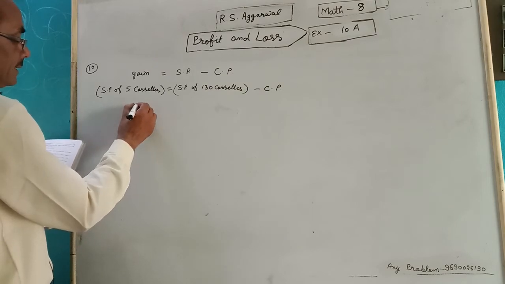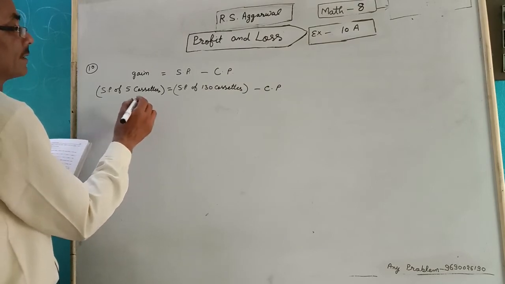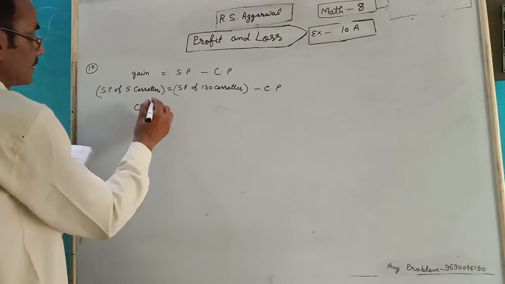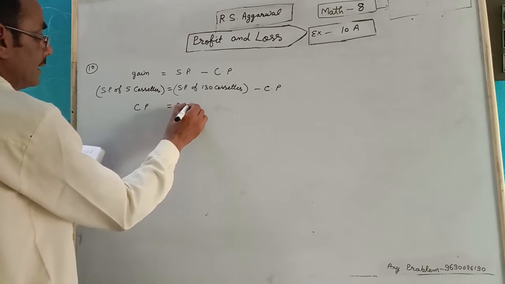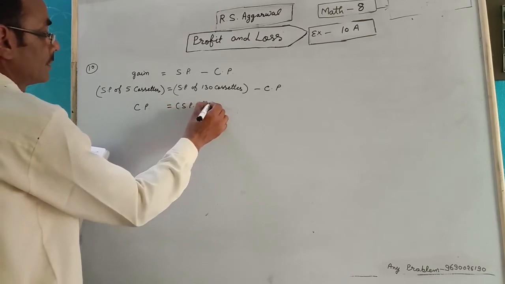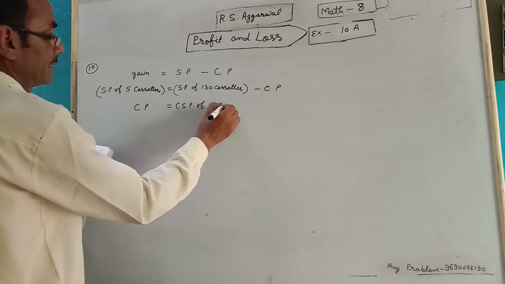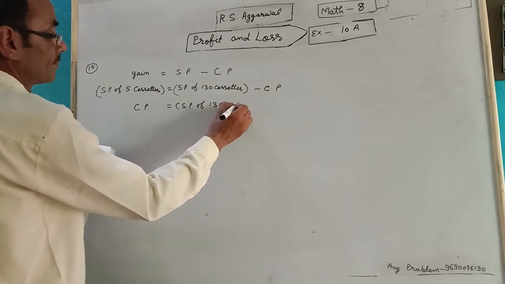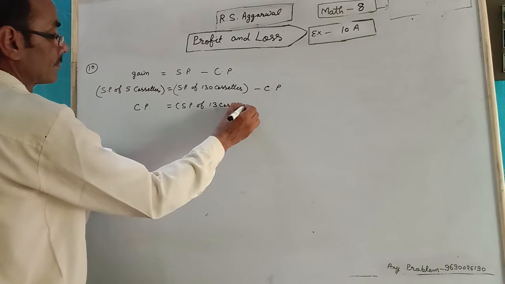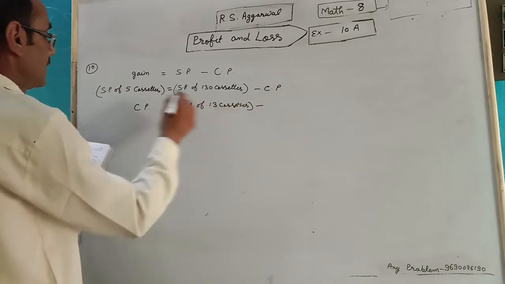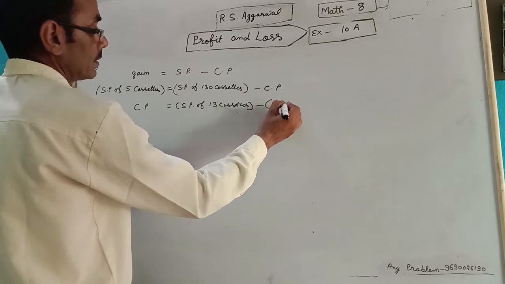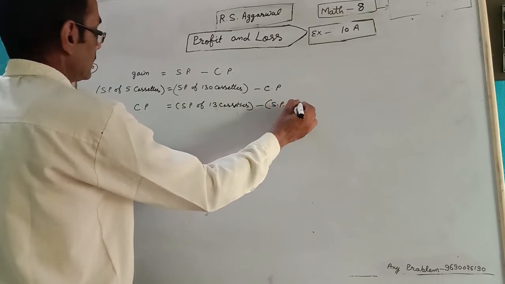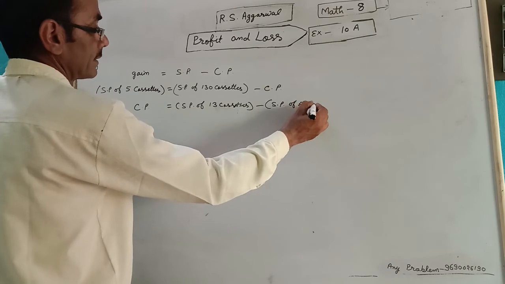Bring it to the left-hand side. CP is equal to SP of 130 cassettes minus SP of 5 cassettes.